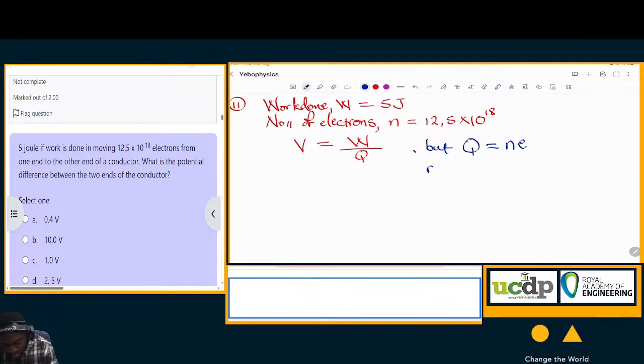You should recall that e is equals to 1.6 times 10 to the power of negative 19 coulombs. So which means that our equation then becomes V equals to work done over Ne.